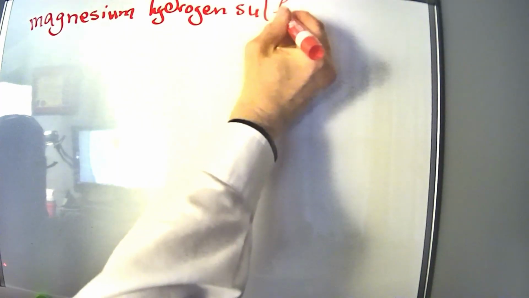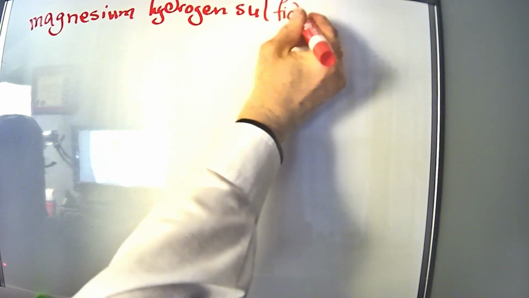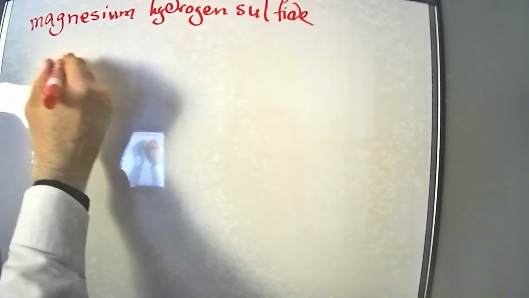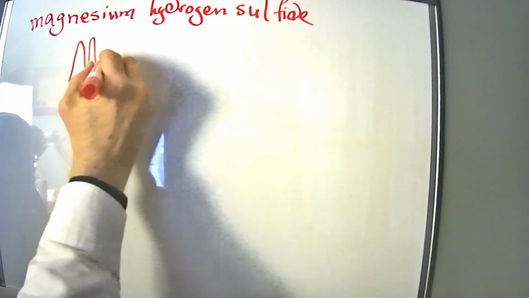Okay, our next example is going to be magnesium hydrogen sulfide. Magnesium is a 2 plus.